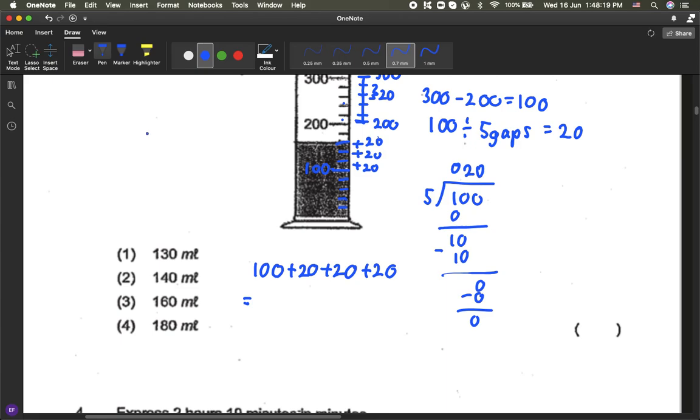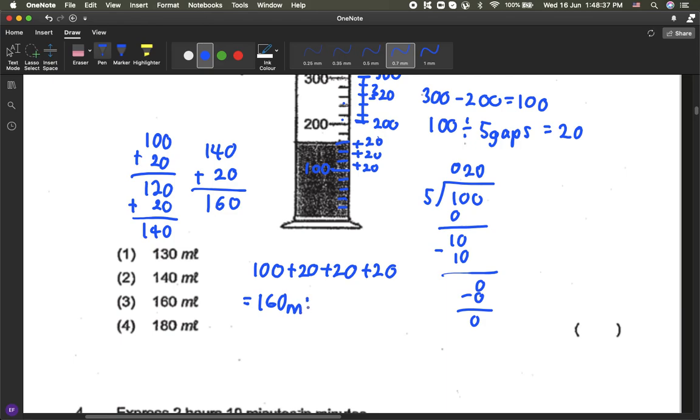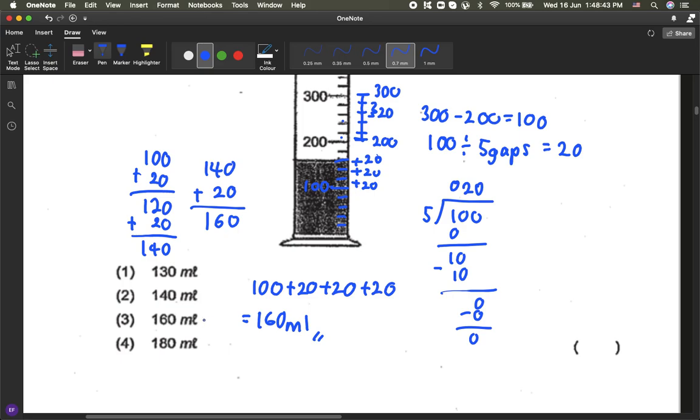Now let's do our working. 100 plus 20 is 120, plus 20 is 140, and plus 20 is 160. So the volume of the water is 160 milliliters. So the answer to this question is option 3.